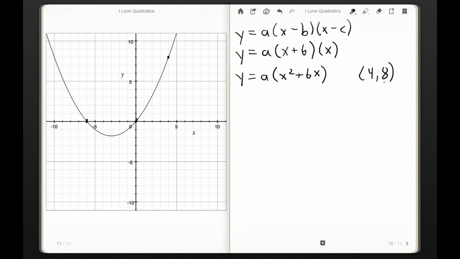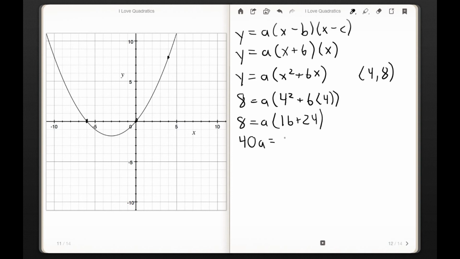4, 8. So now we're just going to substitute y of 8 and x of 4 and simplify this out. This will be 16 plus 24, and we will get 40a equals 8.